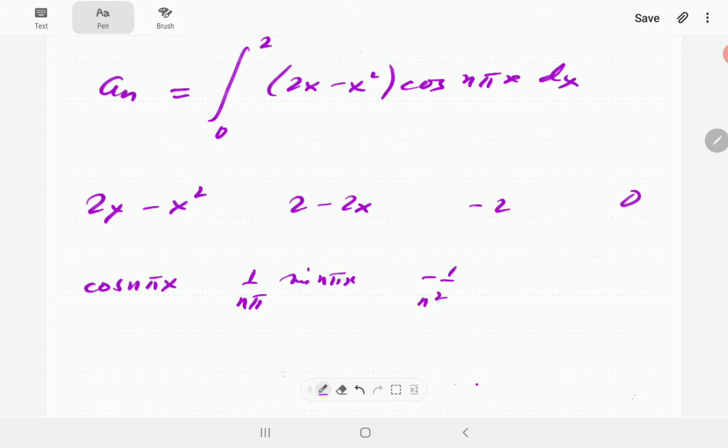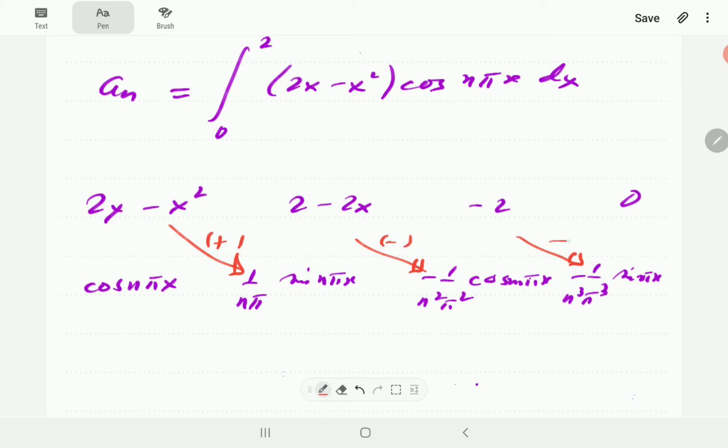Then minus 1 over n squared pi squared cosine n pi x. And the last one is going to be negative 1 over n cubed pi cubed sine n pi x. Okay, then we match these up. First one is plus, minus, and then plus.